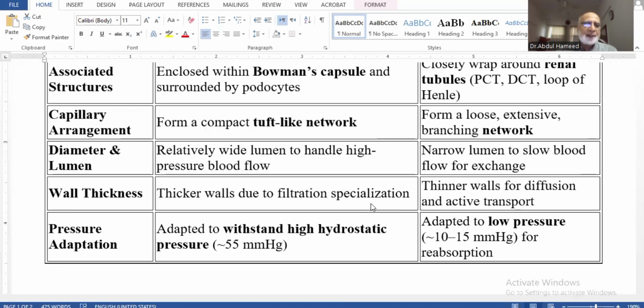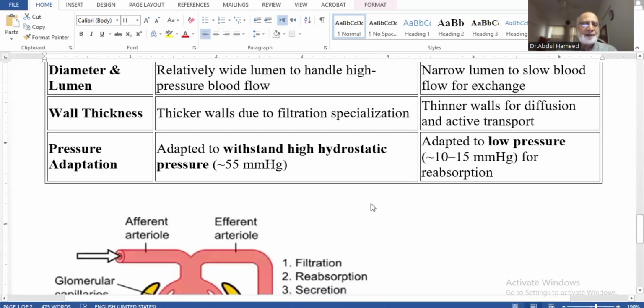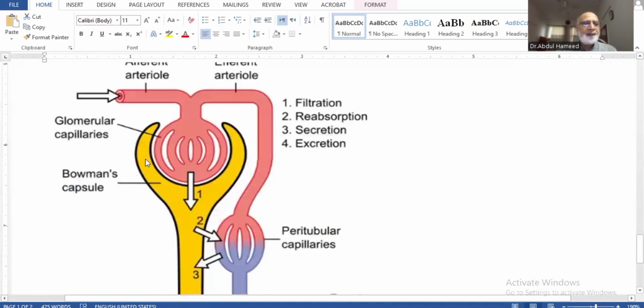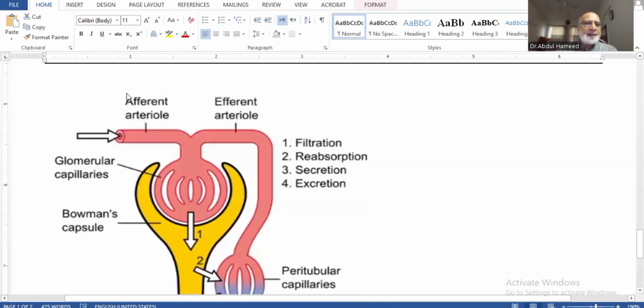So we will compare it in the form of a diagram. The afferent arteriole is making the extensive branching of glomerular capillaries within the Bowman's capsule here. And the efferent arteriole will take away the blood after providing blood supply to the Bowman's capsule.